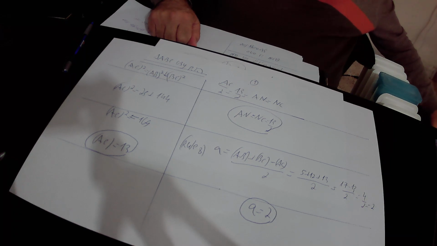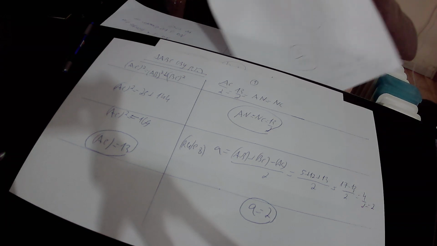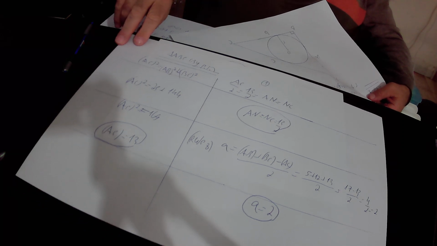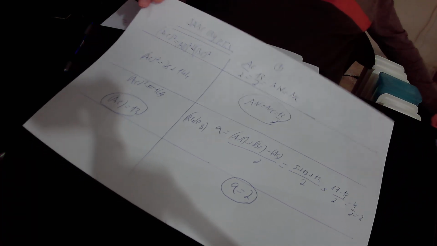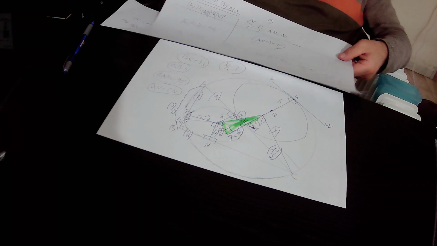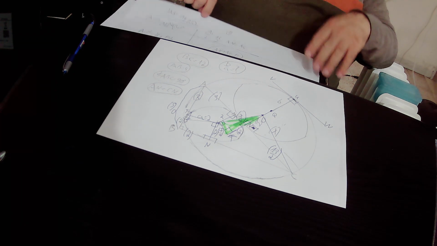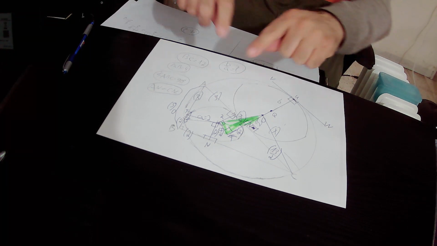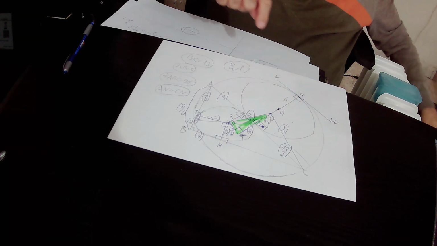But before that, here we are. Here, AN equals 13 over 2 and NC also equals 13 over 2.